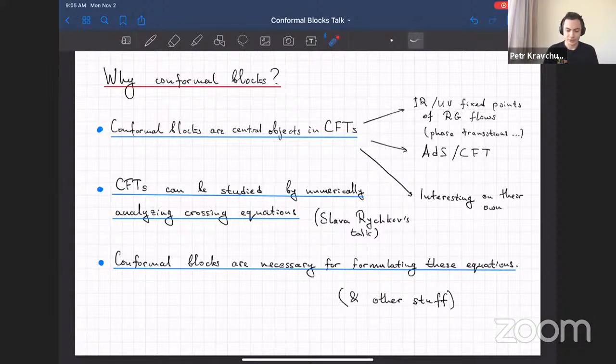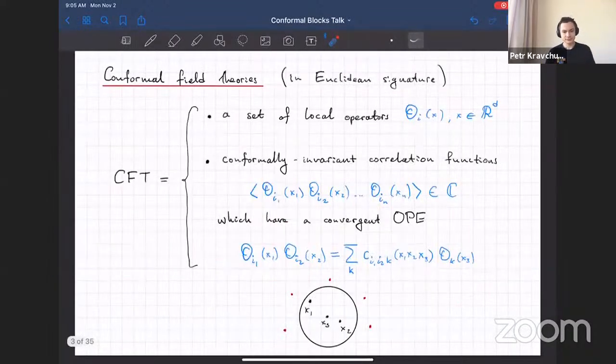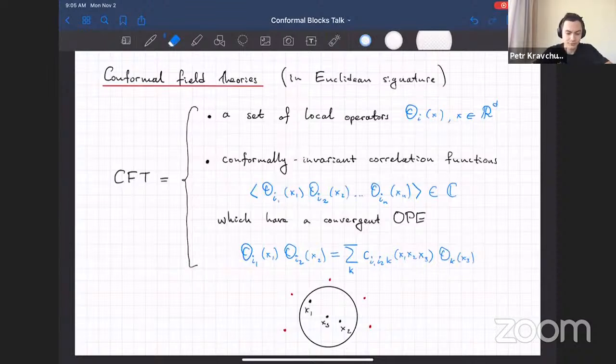So this is just to say a couple of words, and I'll now go into more detail on what the conformal blocks are. First, let me specialize what I will mean by conformal field theory for this talk. A conformal field theory is going to be given by a set of local operators, which I'll write as O_I(x), where x is some point in Euclidean space.